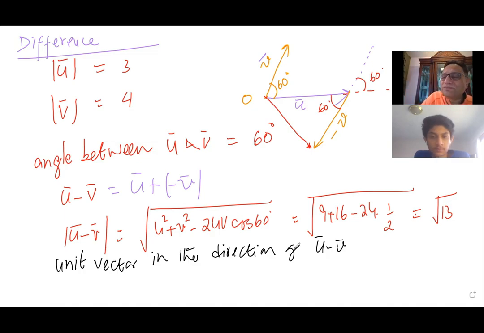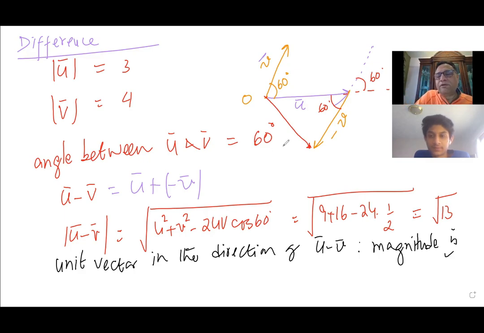Unit vector means magnitude is 1. So this vector is square root 13, so we'll divide u minus v by root 13 to get a unit vector in that direction. You get the idea? Okay, so that's one.